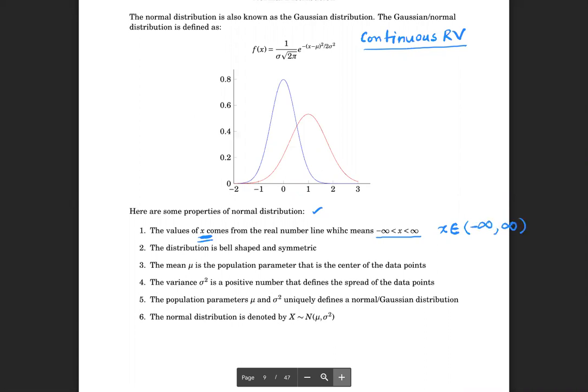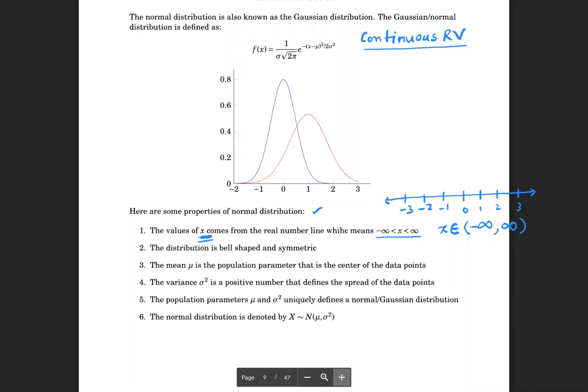That is the entire number line. That is what you're more used to: 0, 1, 2, 3, negative 1, negative 2, negative 3, and that's what it is.